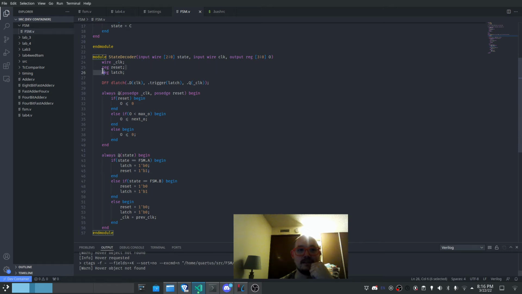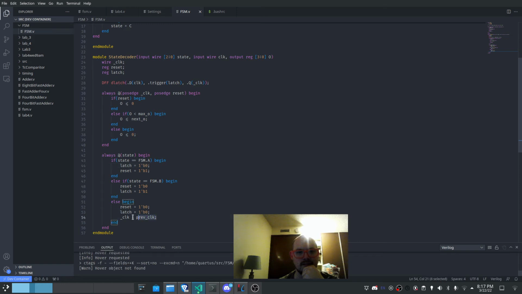Reset being this piece of data here. If I'm in B, I'm going to toggle reset to be low and latch to be high. That means that the latch is transparent, so the clock just moves from D to Q, so from clock to underscore clock without any changes. Otherwise, reset is low, latch is low, so now we've paused the clock.